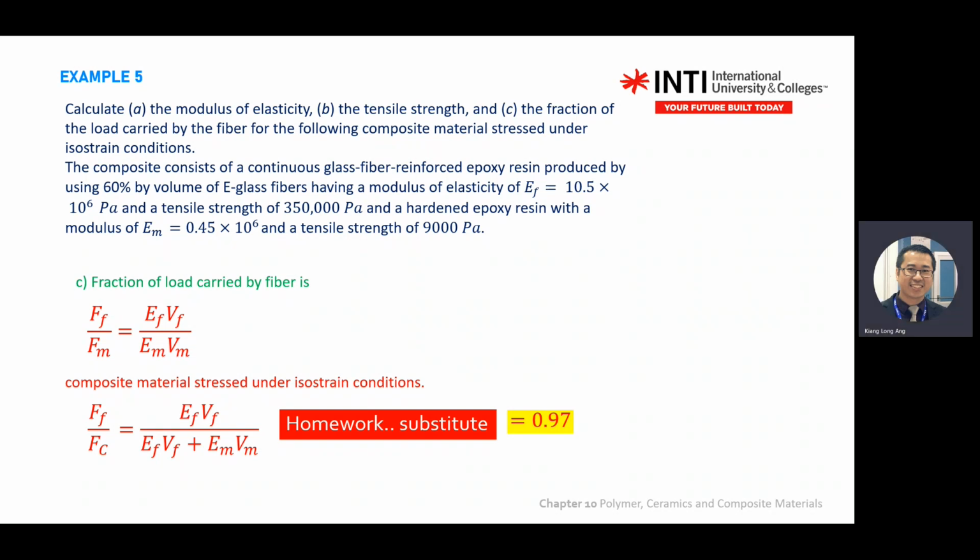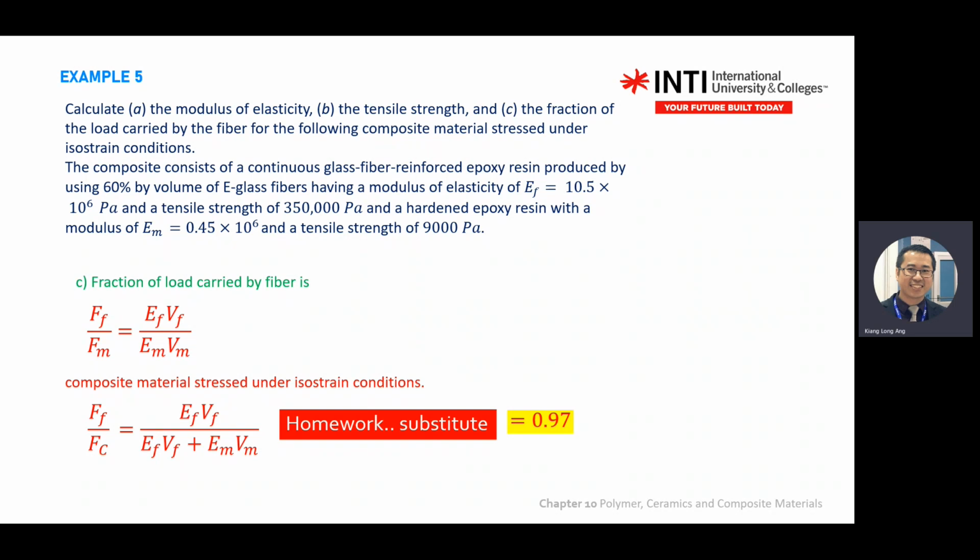So you always have, I just write a normal parameter. P, the parameter for composite, multiplied by the volume of composite, will equal to parameter of fiber times the fiber volume plus P of matrix times volume of matrix.